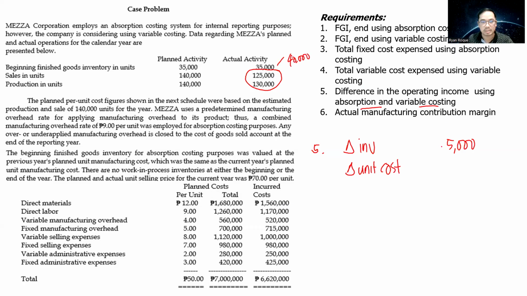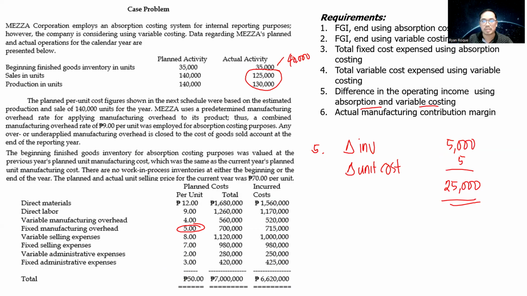So the difference would be 5,000 from both comparisons. And then we multiply the difference in the unit cost. Remember, for absorption and variable costing method, the difference in the unit cost would only be the FOH per unit. So multiply it with 5. So the answer is 25,000. So the difference in the income would be 25,000.